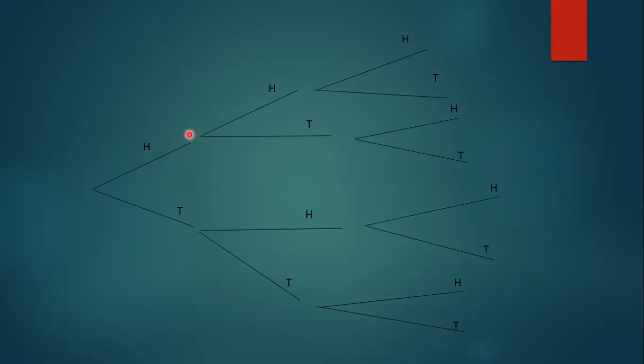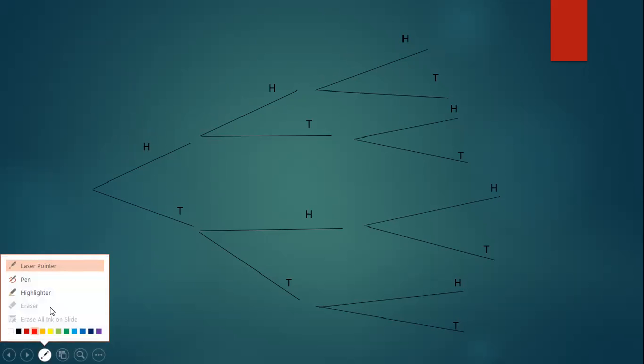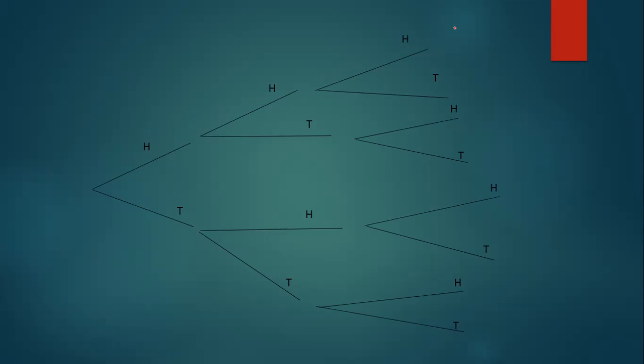So if we want the probability of getting 3 heads, after we have done a summary of some of the work we did, this would be head, head, head. What would be the next one? Head, head, tail. Then head, tail, head. Then head, tail, tail.